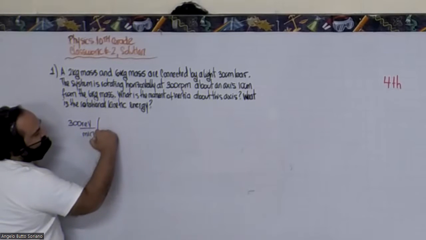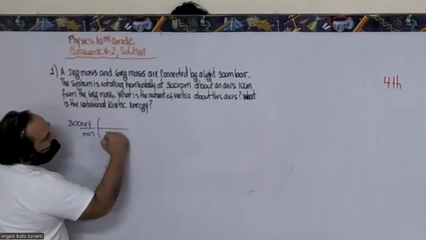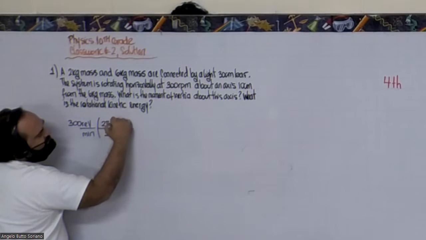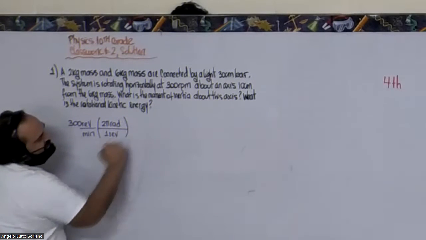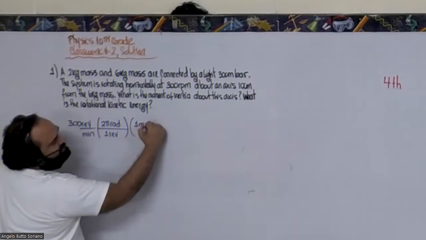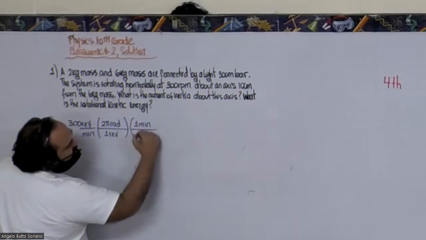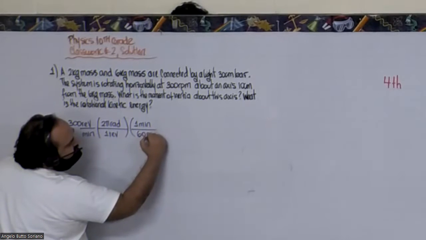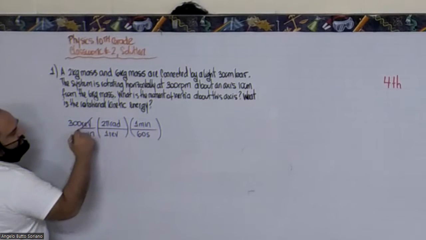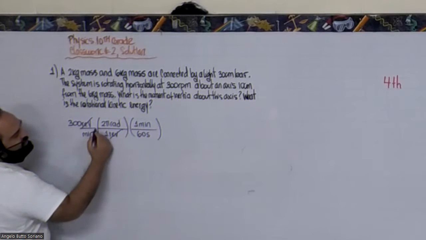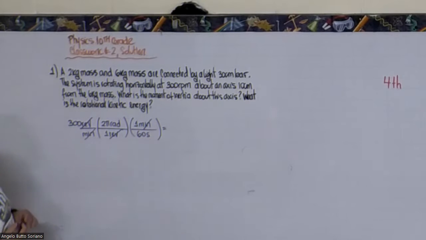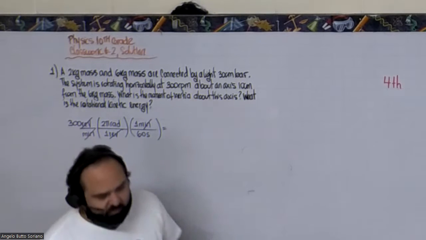Remember the conversion units: one revolution is 2 pi radians, and in 1 minute there are 60 seconds. We can cancel revolutions with revolutions, minutes with minutes, and the answer will be given in radians per second.